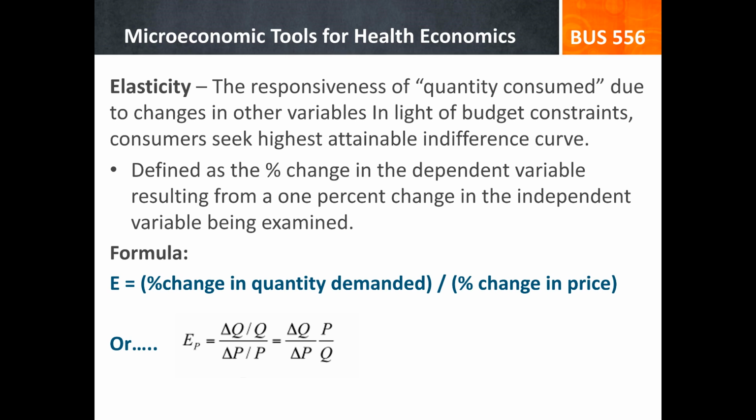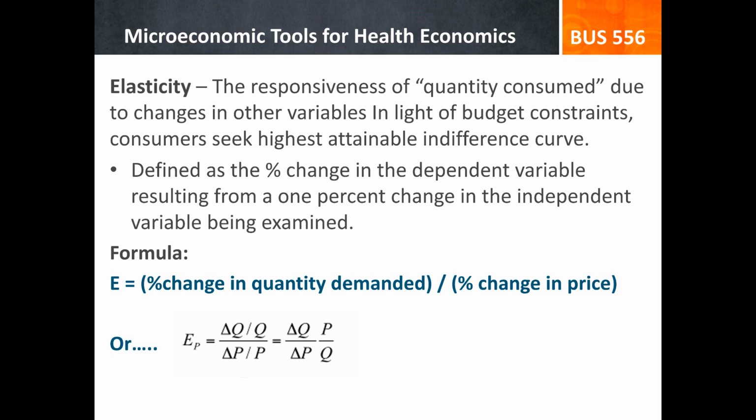So this calculation is very important because we always want to know how elastic the good and the service is. Usually healthcare is inelastic. Not cosmetic surgery, where you can decide to have it or not have it, but if you're sick and there's medicine, you're usually going to pay for it. And you see this in the increases of some of the drugs, like the EpiPen, where the cost went up.